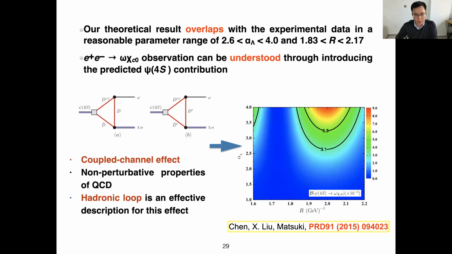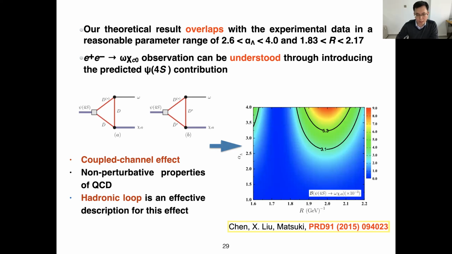You can notice that if we introduce the psi(4S) corresponding to this narrow structure around 4.2 GeV, we can reproduce the branching ratio for this process. I want to emphasize that the coupled-channel effect plays a very important role in reproducing the branching ratio for this process.